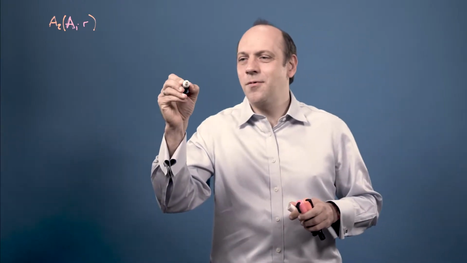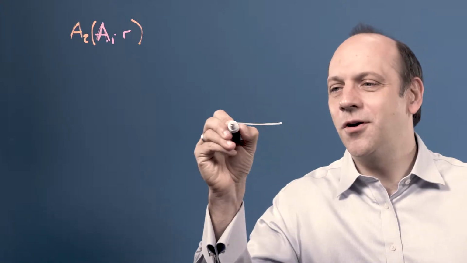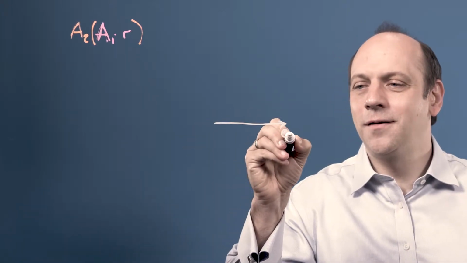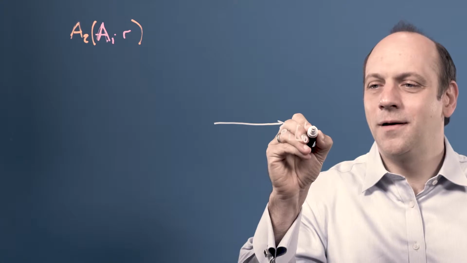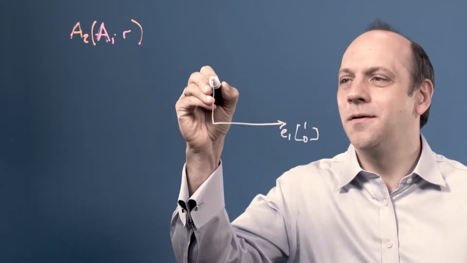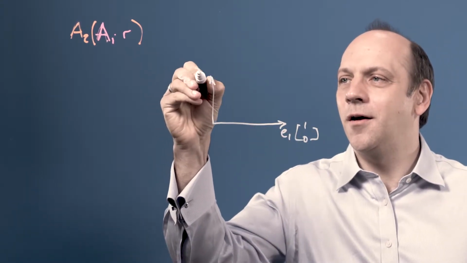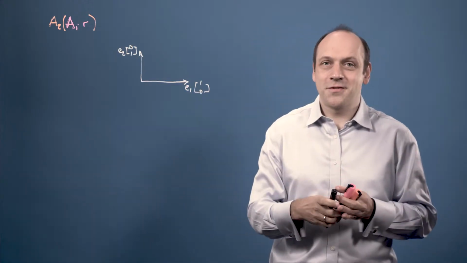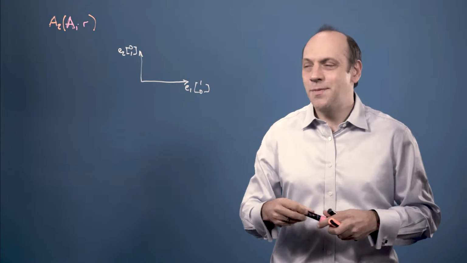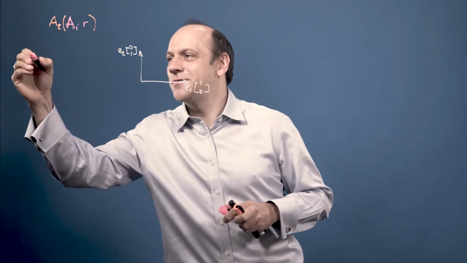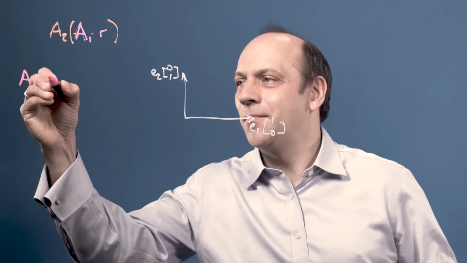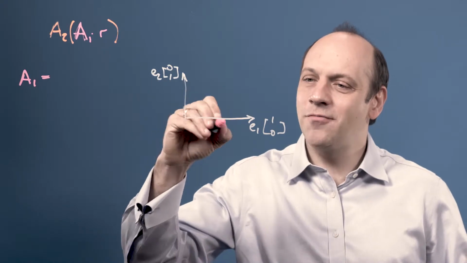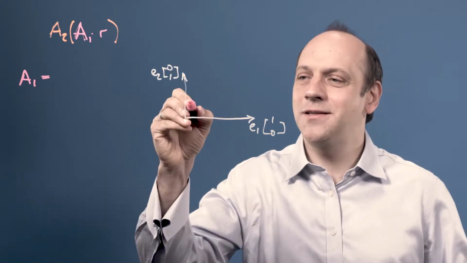Let's start out with our basis vectors. So we've got our E1 as being (1, 0) and our E2 as being (0, 1). Now let's take our first transformation, A1, as being a 90-degree anti-clockwise rotation. So we're going to work out what happens if we rotate this by 90 degrees anti-clockwise.